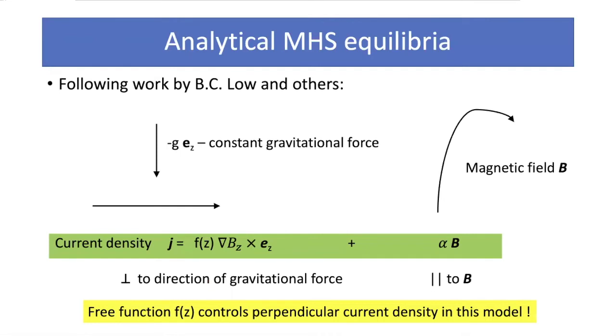Okay, so just as a background, here's one slide about how we go about calculating these analytic MHS equilibria. This is based on a lot of work which has been done by B.C. Low and others, largely in the 1980s and 90s. And we include both a gravitational force and pressure.